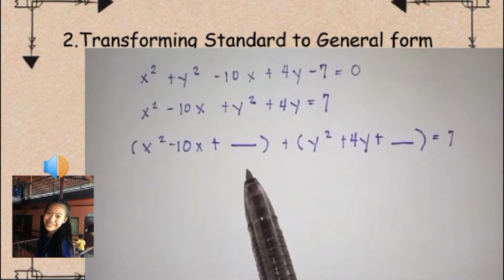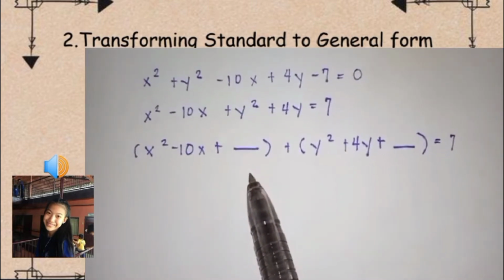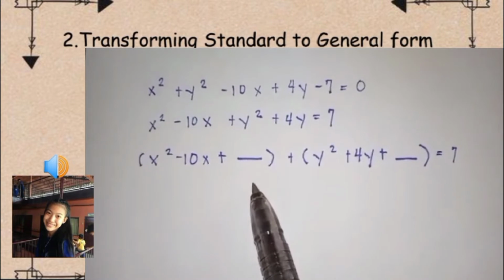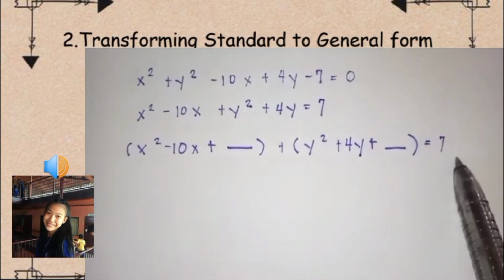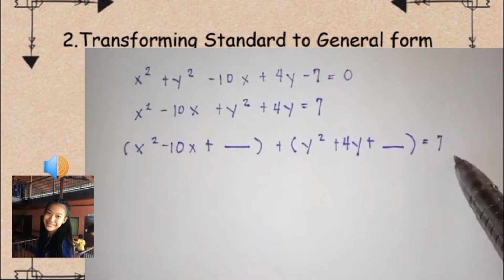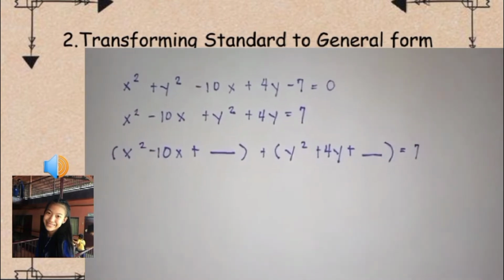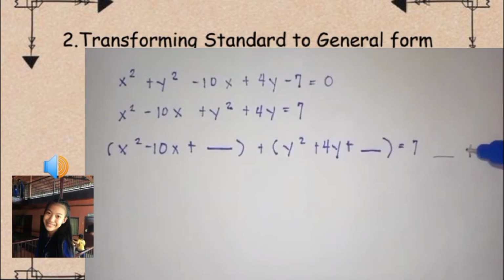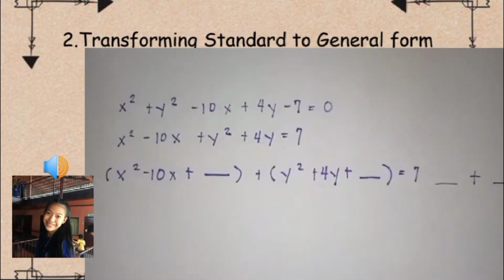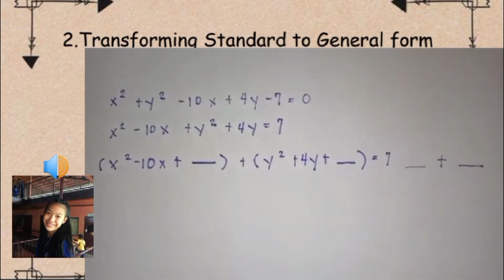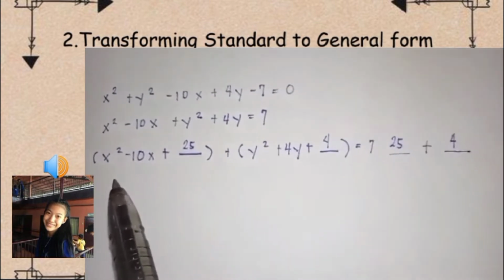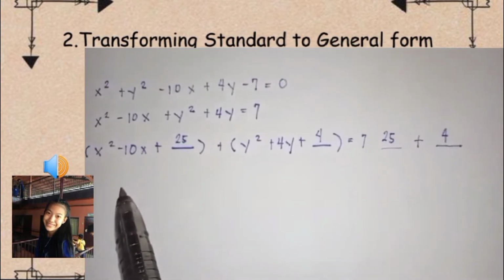We will add a blank on the left side of the equation, so we need to add a blank here, and another blank here, to make the equation balance.